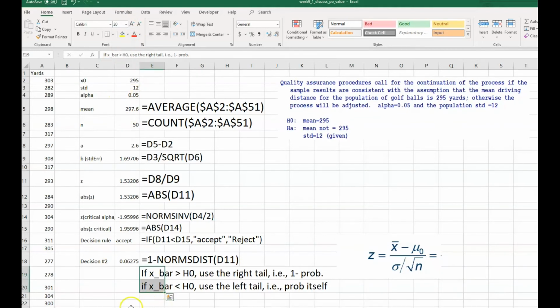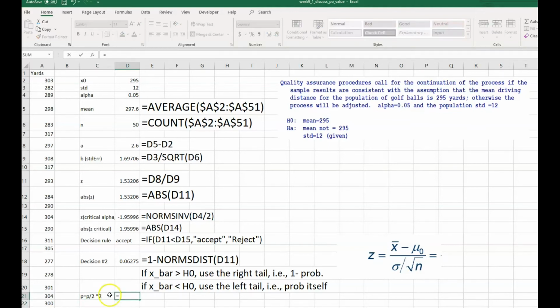So this is P because it's one tail. It's actually half P. And so P equals half P times 2. So finally, the P value will be this one times 2.